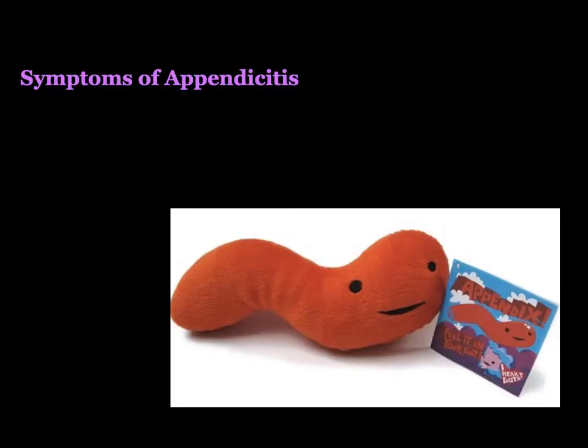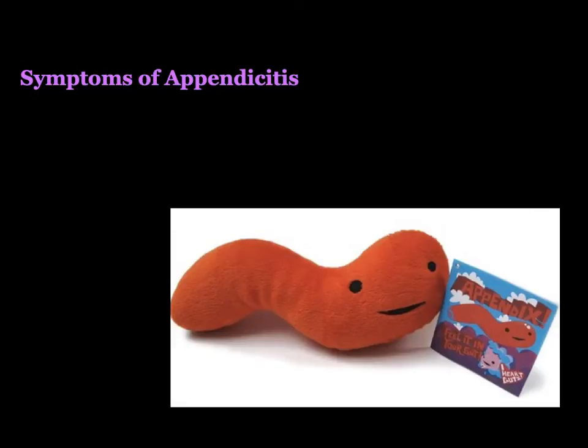is located retrocecally. The most common pediatric condition requiring surgery is appendicitis, and the incidence is highest between the ages of 10 and 30 years. 1 in 15 people will get appendicitis, so we probably all know a couple of our friends or family members who have had appendicitis, if not ourselves.